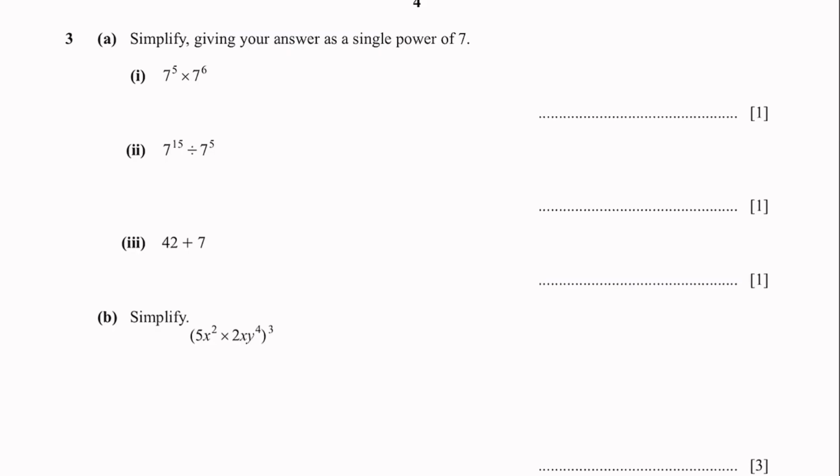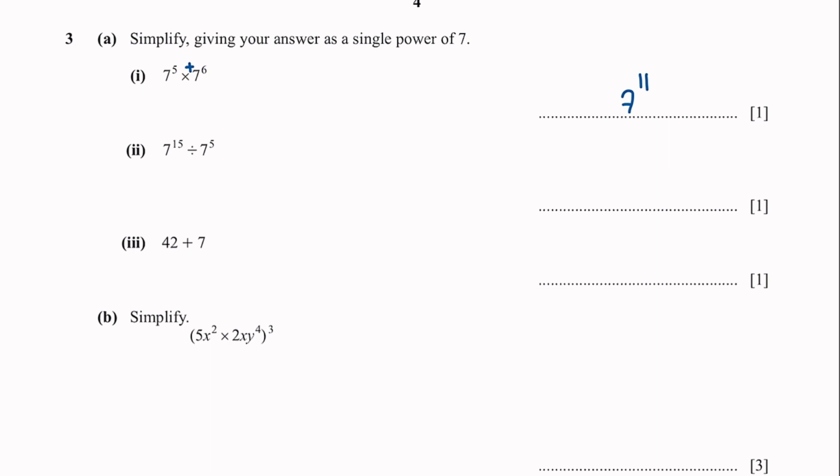Question 3. Simplify, giving your answer as a single power of 7. 7 power 5 multiply 7 power 6 is equal to 7 power 11. You just add the powers together.